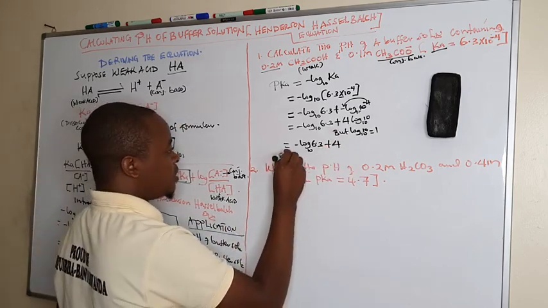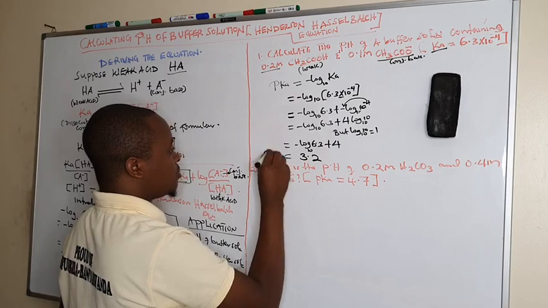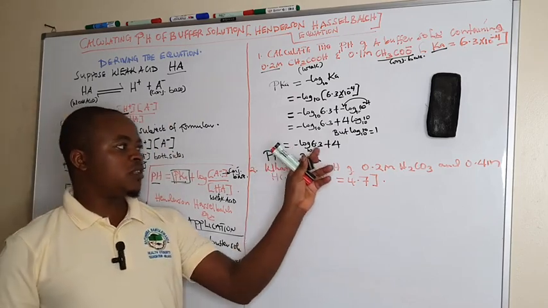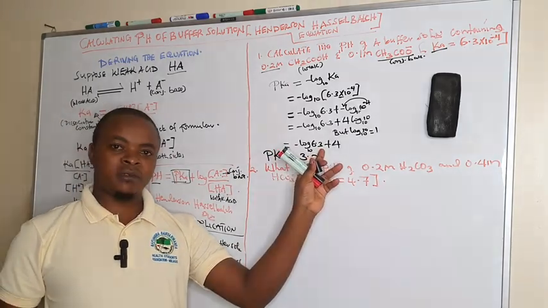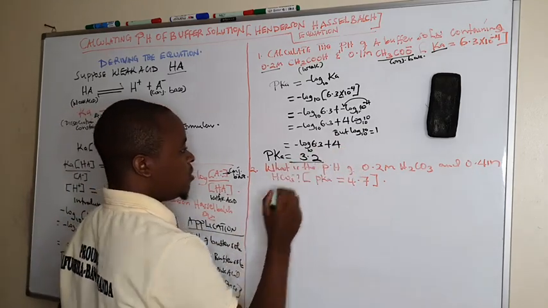So the end result is a pKa of 3.2. How? Get your calculator, put negative log 6.3, then add 4, and you are able to get a pKa of 3.2.